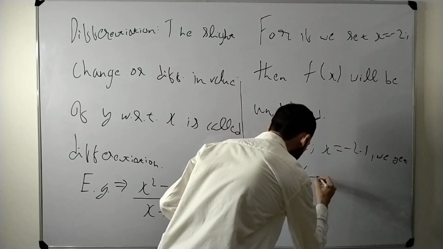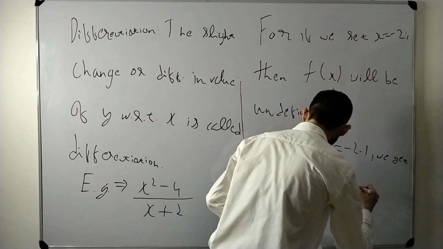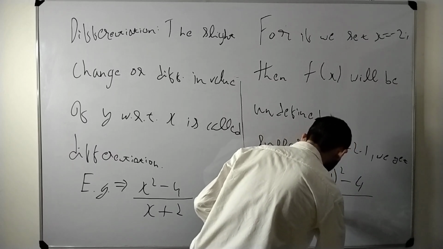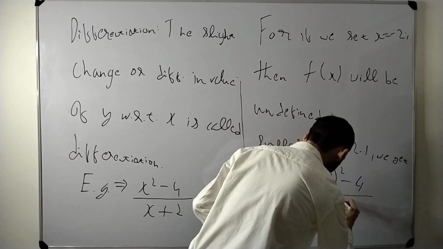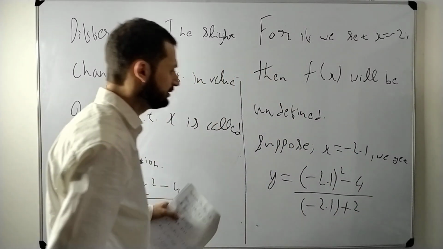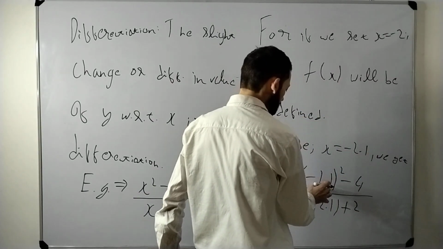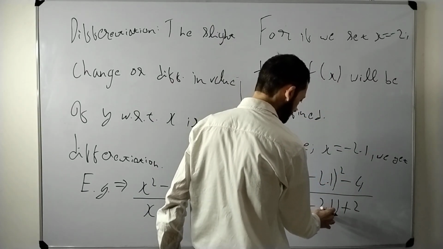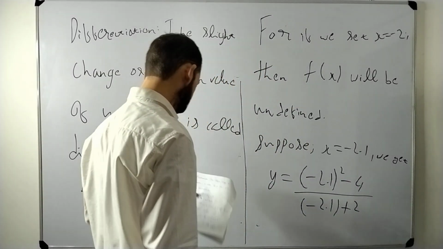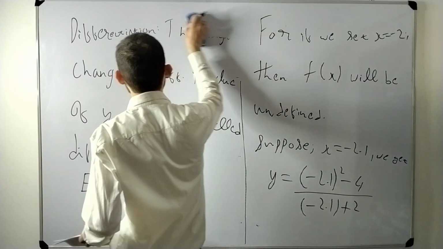Y happens to be minus 2.1 whole square, minus 4 times minus 2.1, plus 2. So what I am doing, students, is slightly changing the value of x and putting it here and here, so we will see what the value of y will become. You do the calculation while I am erasing.